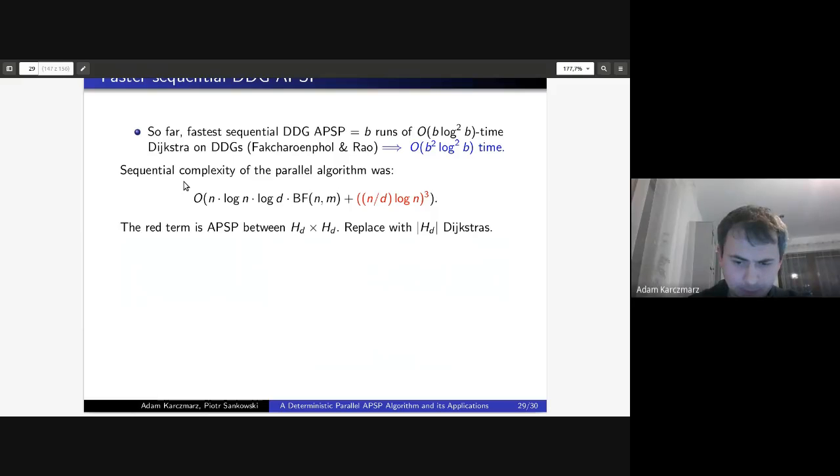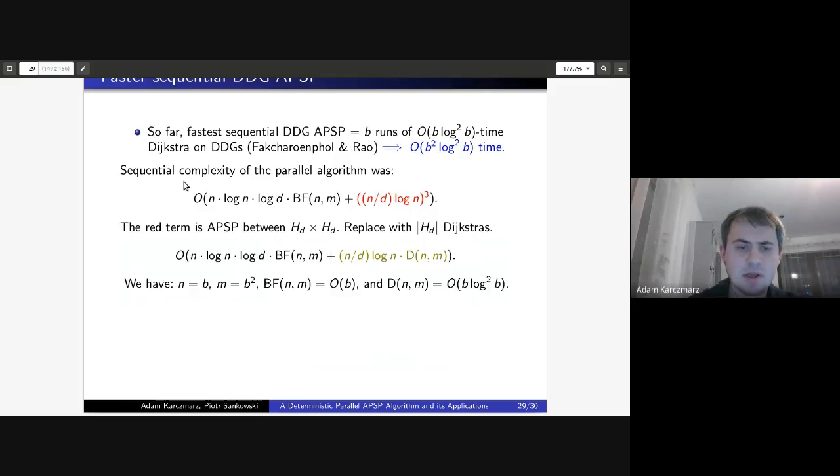But we can also compute APSP between D-hubs by just running Dijkstra from each of them. Then we get this running time, where BF is the cost of a Bellman-Ford step, and capital D is the cost of one Dijkstra computation.